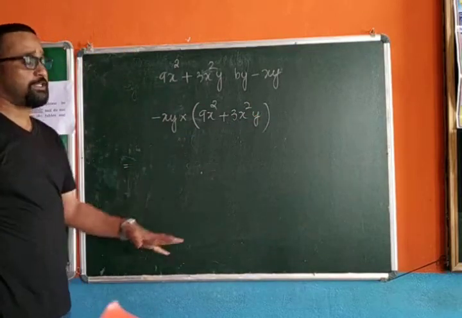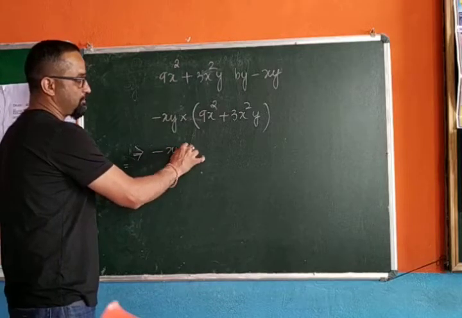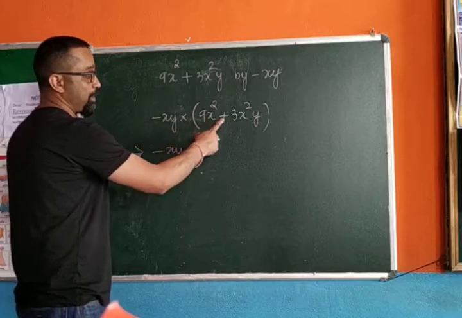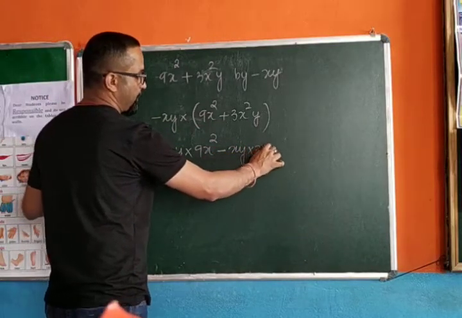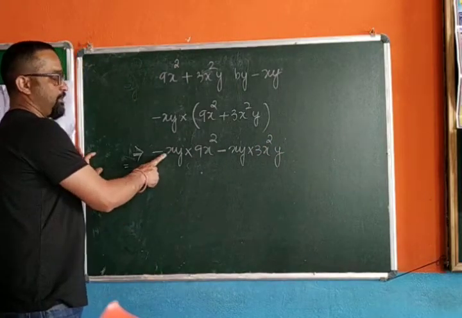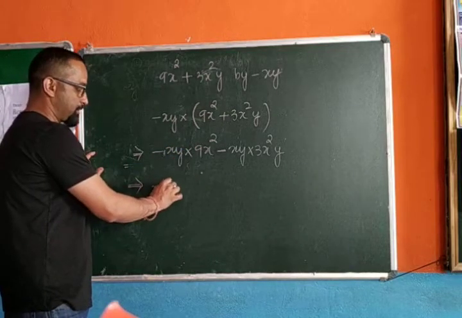You can solve it directly or you write minus xy multiplies 9x squared. Minus into plus is minus xy into 3xy. It doesn't have coefficient, means 1. 1 into 9 is minus 9.